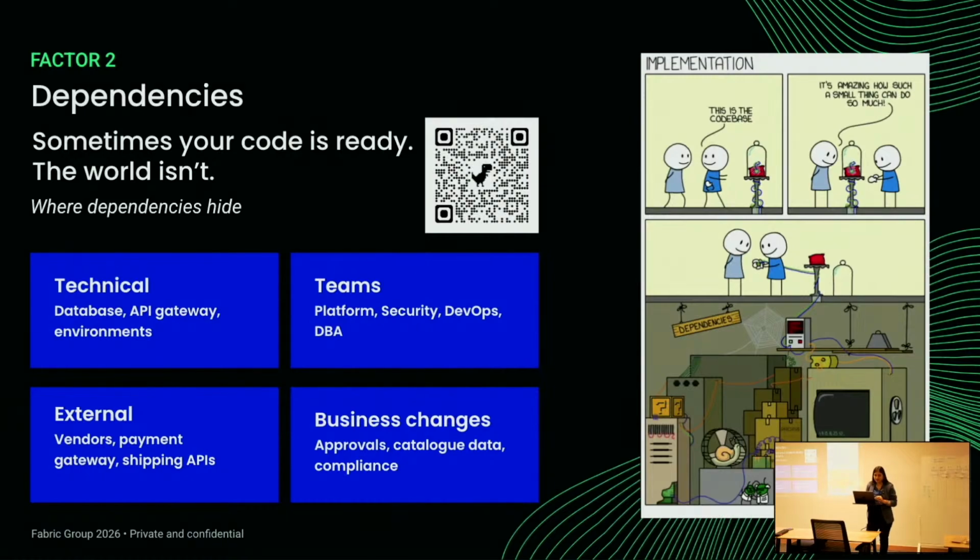Some of the other types of dependencies we see in the world: one we've already talked about, technical. Second is teams. In a lot of teams, we don't have a DevOps capability built into the team itself. In that case, for example, clients have their dedicated DevOps or infra teams, and we rely on them to help us with DB setups and infra setups. That's one very big dependency that derails us in a lot of cases.